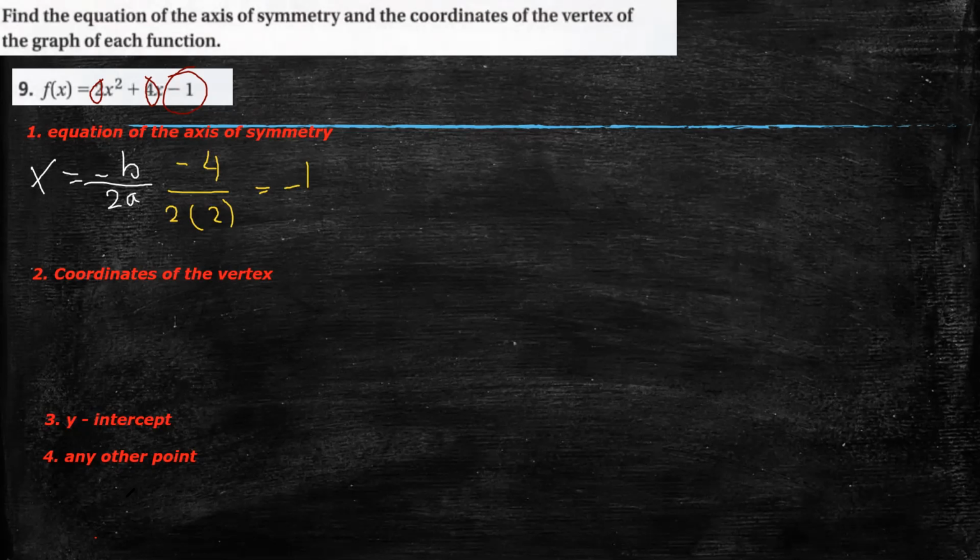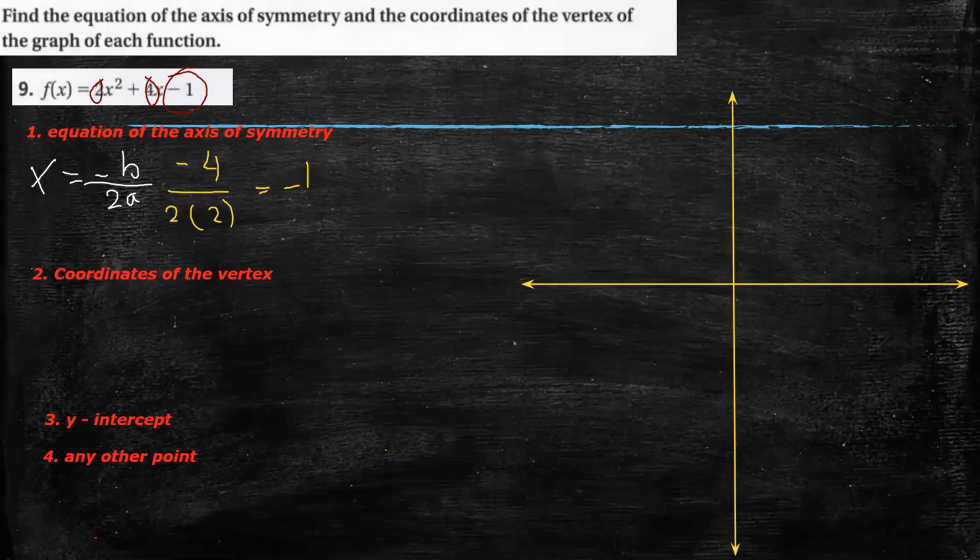Okay, let's now draw this point here and make the axes like this.